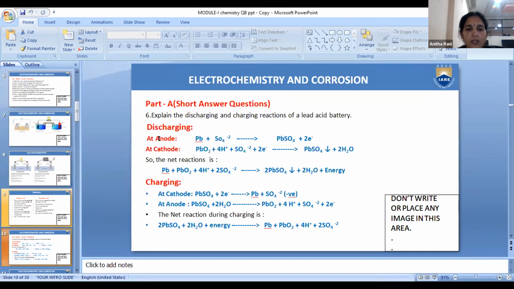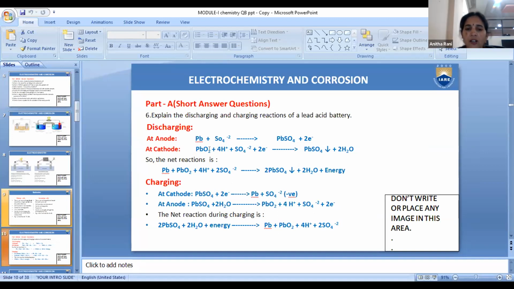What happens at the anode during discharging: lead undergoes oxidation, losing electrons, and Pb2+ ions react with sulfate ions, forming lead sulfate at the anode.